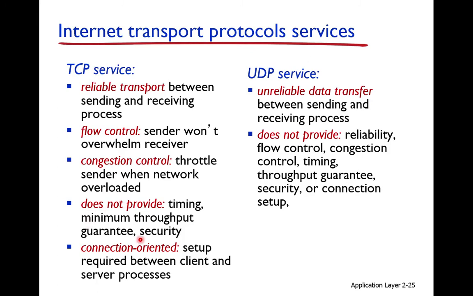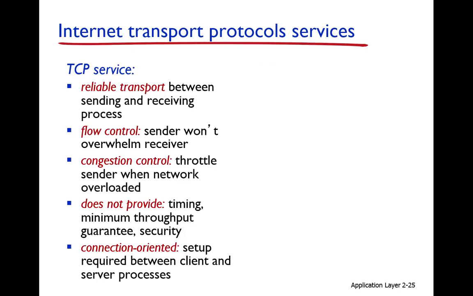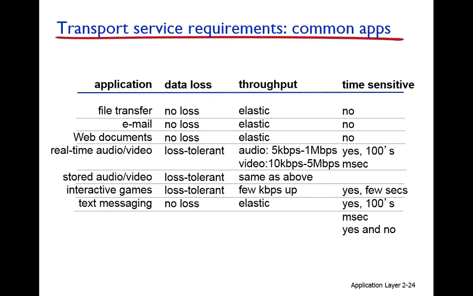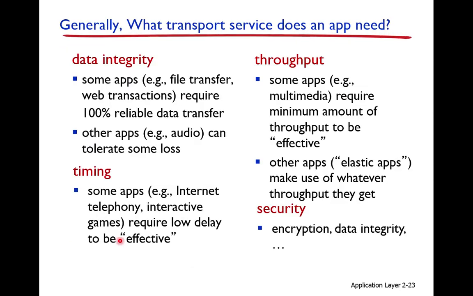As we have discussed, the application may need certain requirements, for example, integrity. TCP provides integrity. TCP doesn't provide timing. TCP doesn't provide minimum throughput, and TCP doesn't provide security.